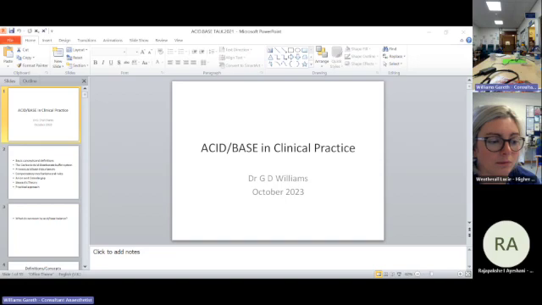You might come across the terms volatile or non-fixed, and non-volatile or fixed acids, physiologically. Any thoughts on what that means? I've not come across that. My understanding is that volatile acid is really mainly carbonic acid, related to CO2, so it can be expressed as CO2 from the lungs.